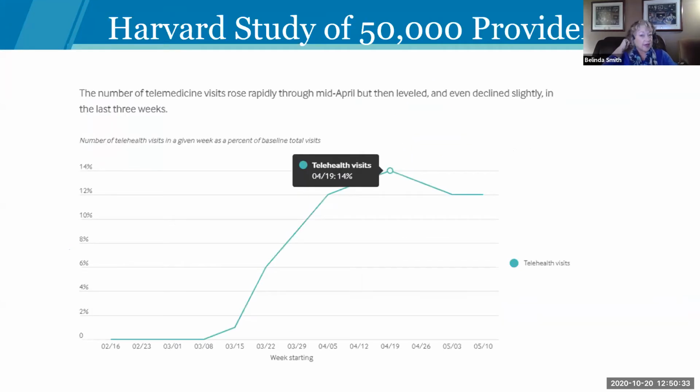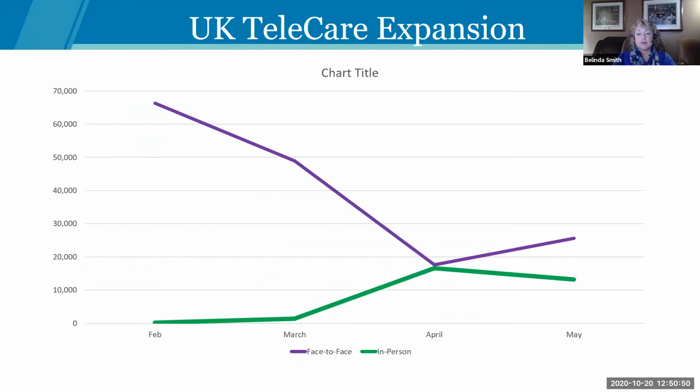And if you look at overall geographic areas, this was a study of 50,000 providers. It shot up tremendously during the month of April as far as using telehealth and telemedicine. And if we look at what happened here at UK, the director, Rob Sprang, was kind enough to send some data. And usually UK does somewhere in the neighborhood of 3,000 to 5,000 telehealth visits a year.